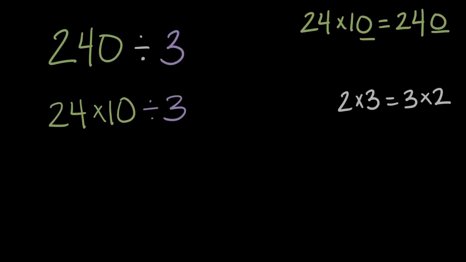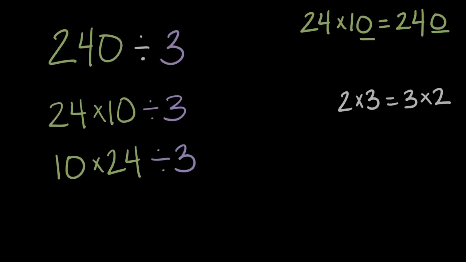We can change the order without changing the answer. So over here, let's do that: 10 times 24 divided by 3. We've changed the expression, but we have not changed the solution.